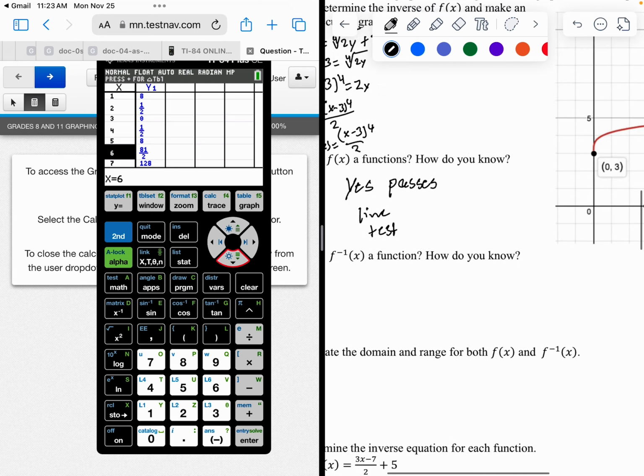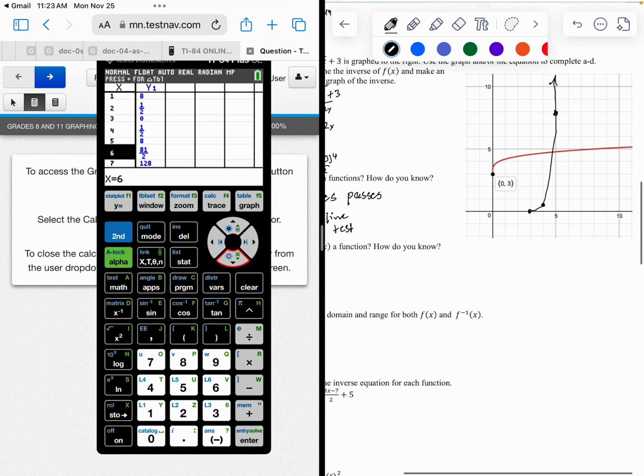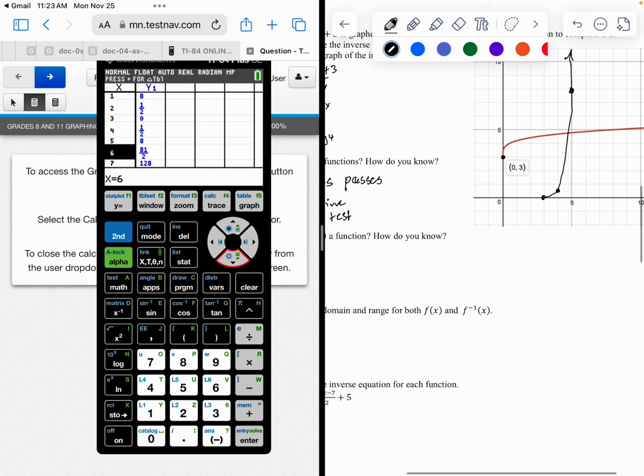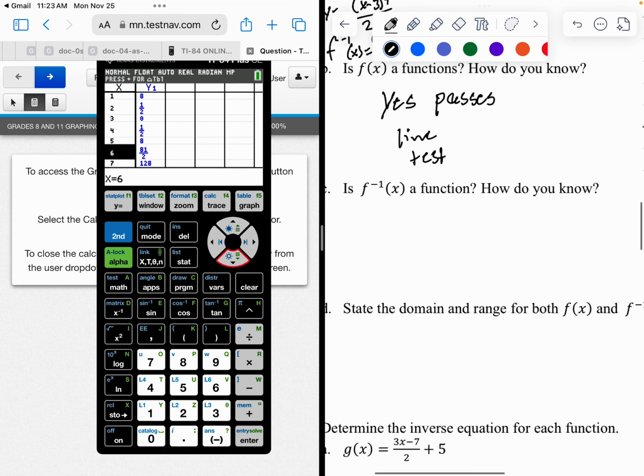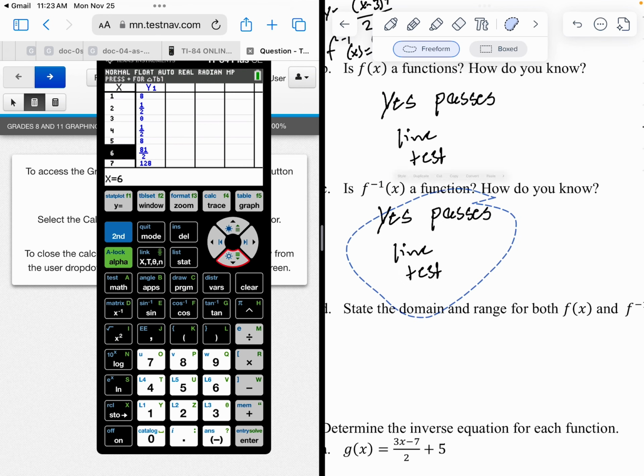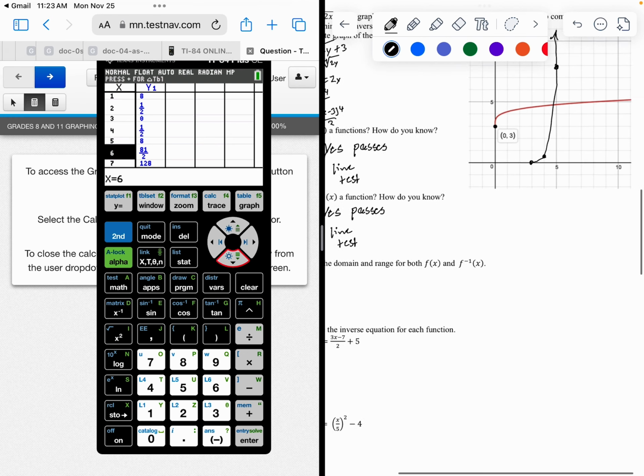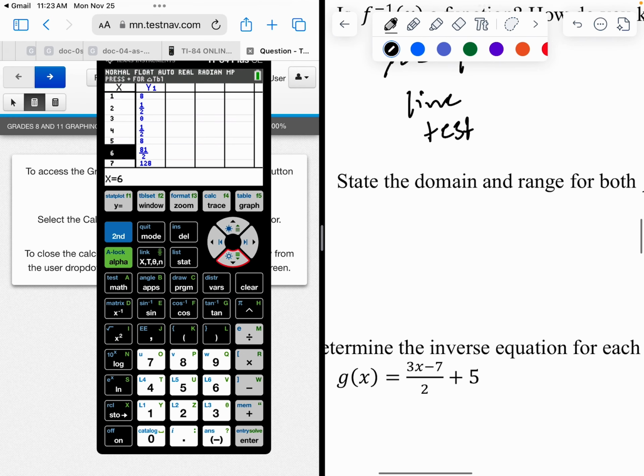Is f inverse of x a function? Yeah, because it passes the line test. State the domain and range. So for f of x, do domain.